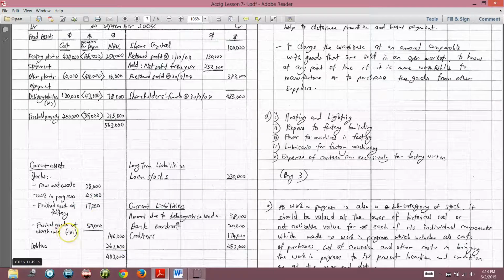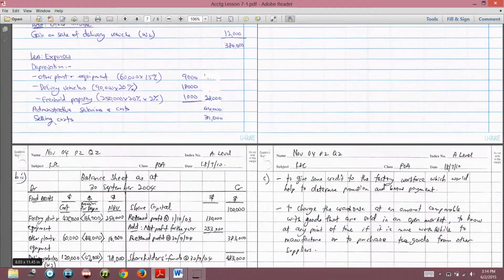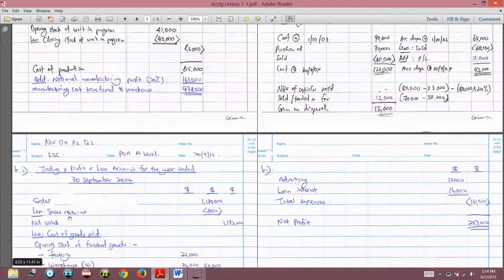Under note 2 in the question, it says that all goods are transferred from the factory to the warehouse at cost plus 20%. A provision for unrealized profit on stock in a warehouse is maintained so that stock appears in the balance sheet at cost. Now look at this carefully. Look at the question.